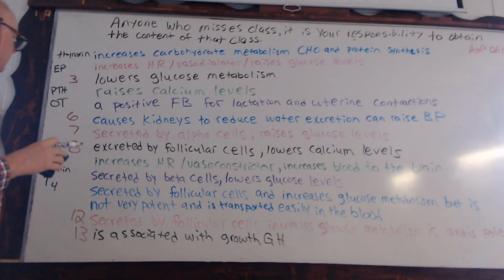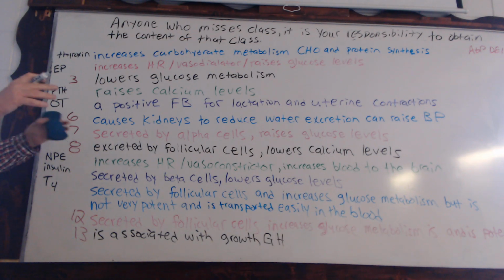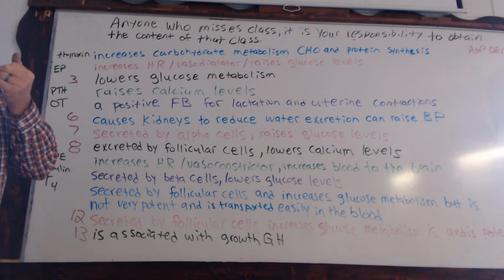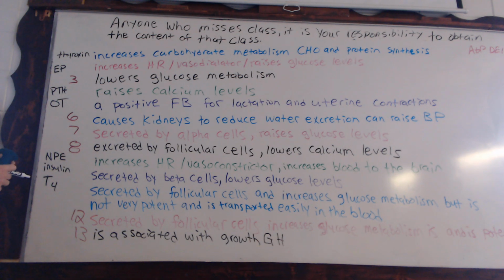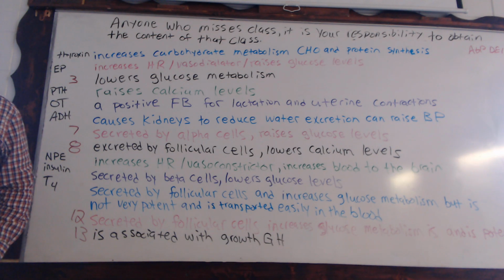That is correct. I just wanted to make sure because there's 2 hormones there that do have very similar function. And you had said number 6 and you said ADH. That is correct. Where do we go next?